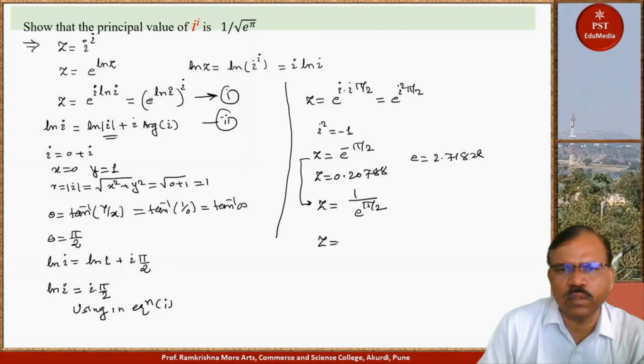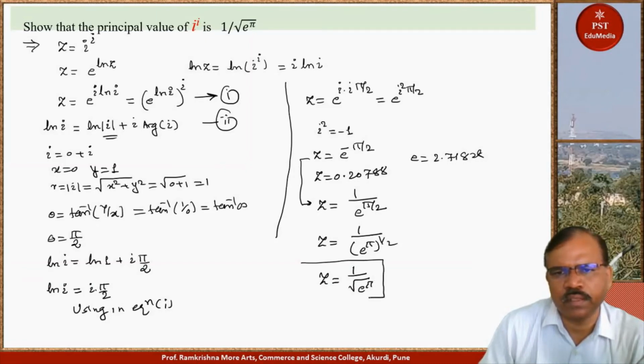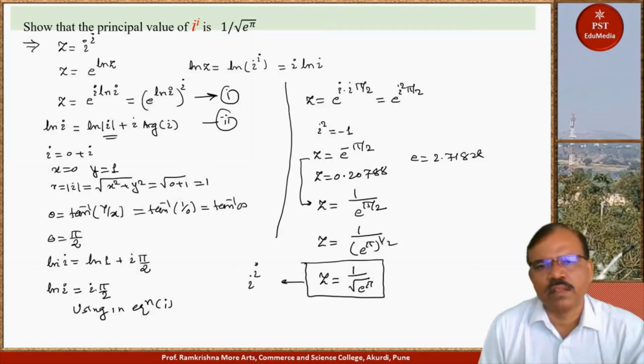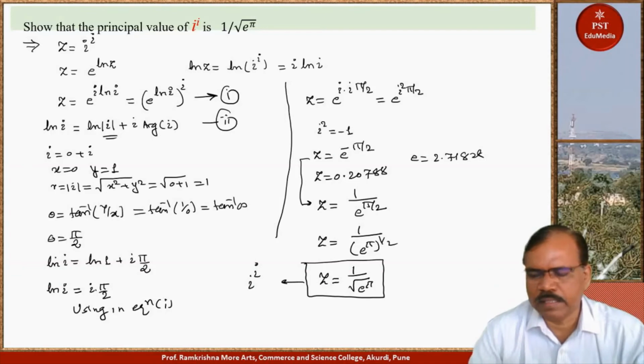So Z is equal to 1 upon e raised to pi raised to 1 half. So we get here Z is equal to 1 upon root e pi. So this is the principal value of i raised to i. And it is real.